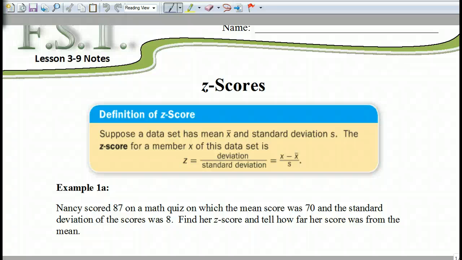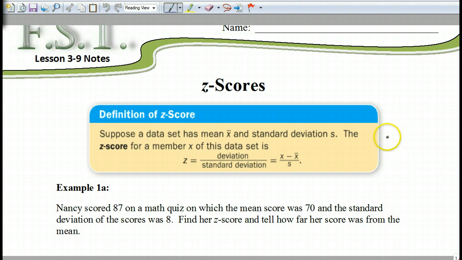So a definition of a z-score is, suppose the data set has a mean of x bar and the standard deviation of s. The z-score for a member x of the data set is the deviation, or the change from x to the x bar, over s. What they are saying is that, say you have a bunch of data points.